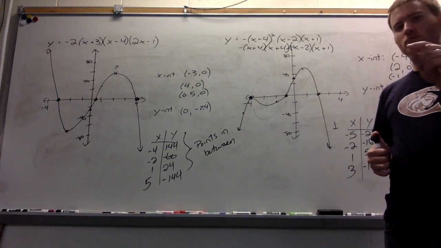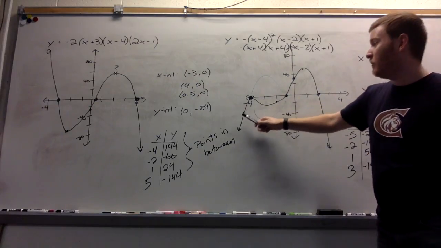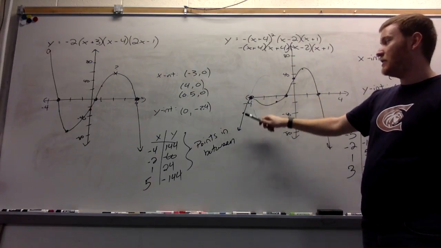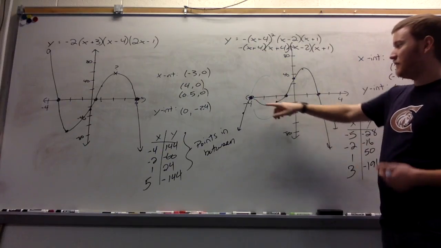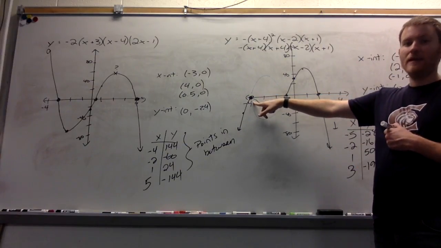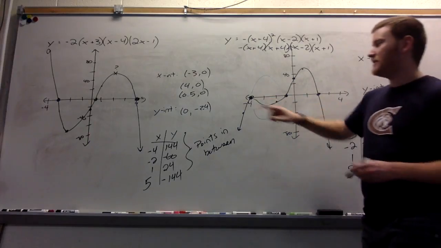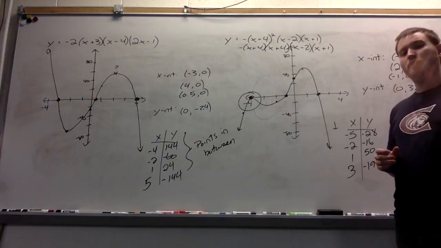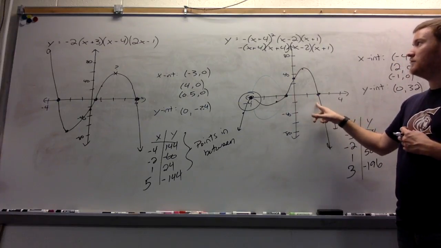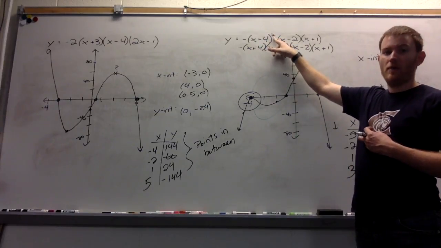If I don't do this, I'm going to get a lot of problems wrong because I'm not going to know, am I supposed to cross my line here or just bounce off my line? Now we're going to stick to this procedure right here, finding points in between. But the reason why this happens, why it bounces off at -4 rather than crossing at -4 like the rest of them, is because that was the parentheses we had squared up here.